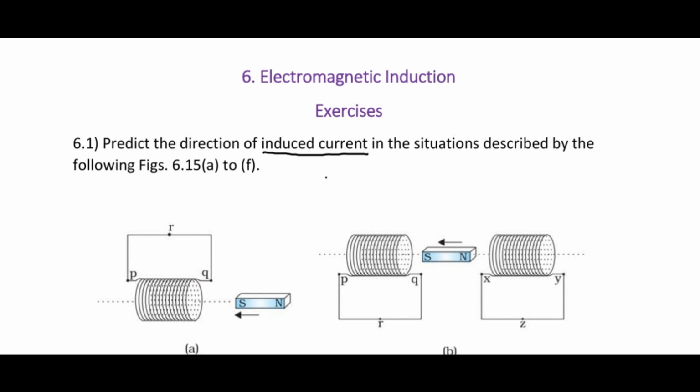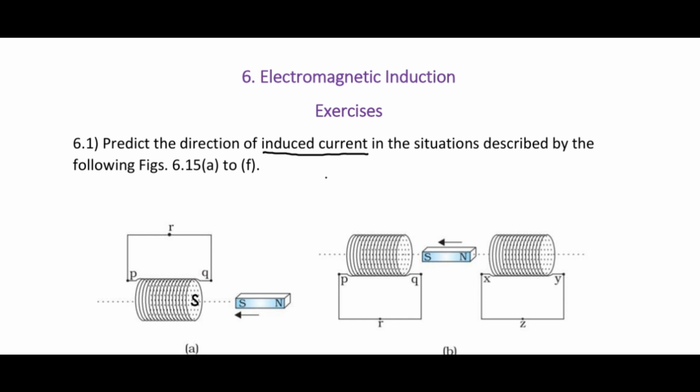If you observe A, there is a coil and a bar magnet. The bar magnet is moving towards the coil and its south pole is towards the coil. So south polarity will be formed as per Lenz's law.